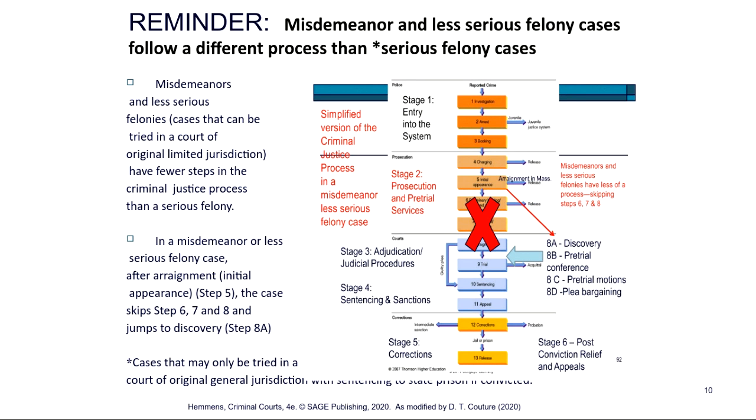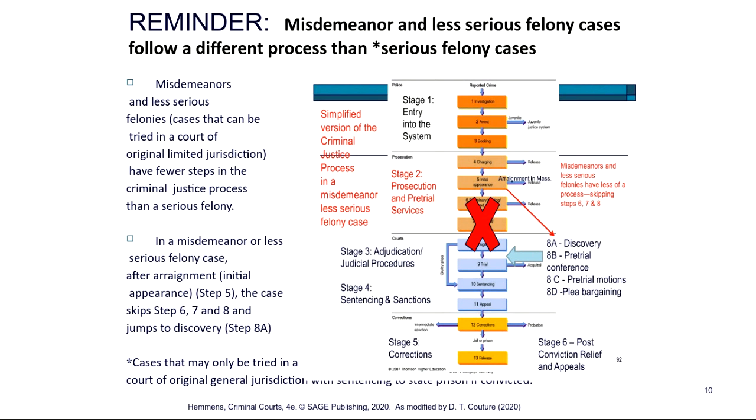Okay, each stage has several steps. At the outset, I want to remind us all that the steps that are listed on the original photo that I gave you include a step 6, 7, and 8.